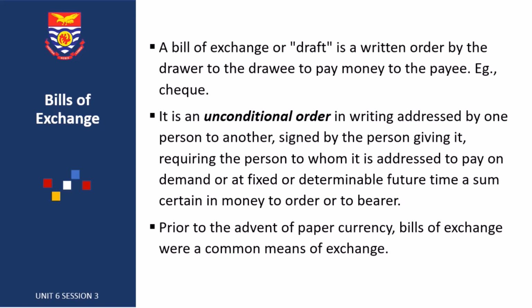So the person who sent in the money will just give a written order to the drawee, the person withdrawing the money, to pay money to the payee. Basically, it's a written document that says, okay, give this money to this person when he comes.